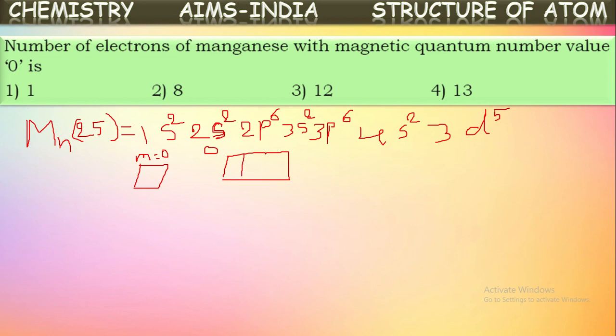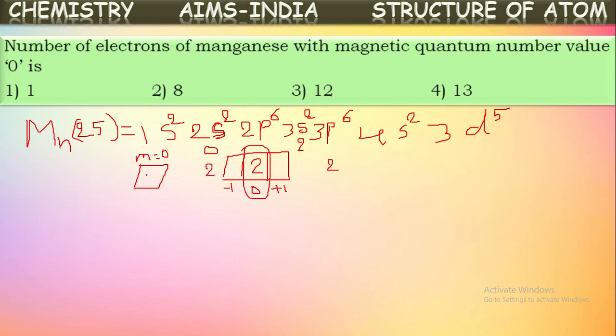Out of these 3 orbitals, one will have minus 1 value, another 0, and plus 1 for the remaining one. So in this also there is one orbital with m value 0, and in that there are 2 electrons, and here 2 electrons, because here also the m value will be 0 for this S subshell. And the same way in the 3p orbital also, just like the 2p orbital, there will be 2 electrons with m equal to 0.